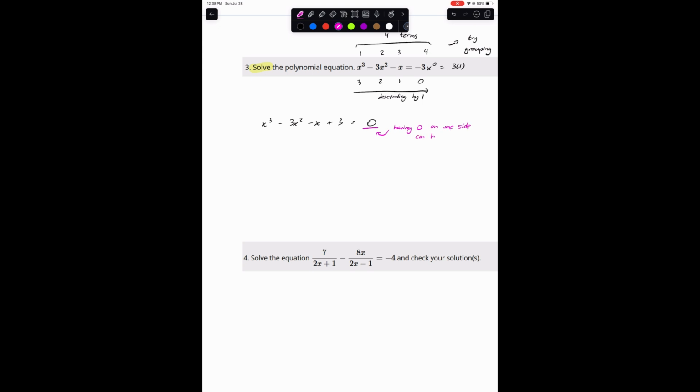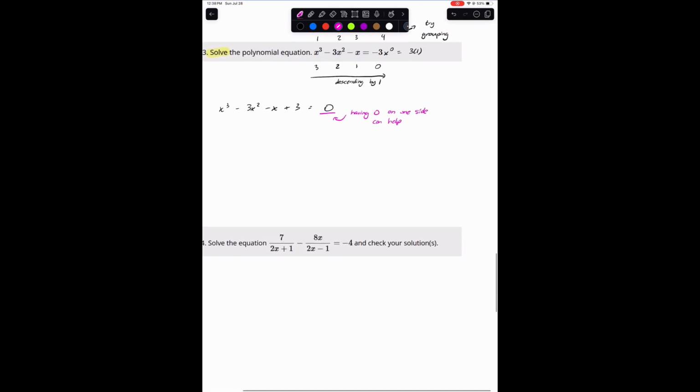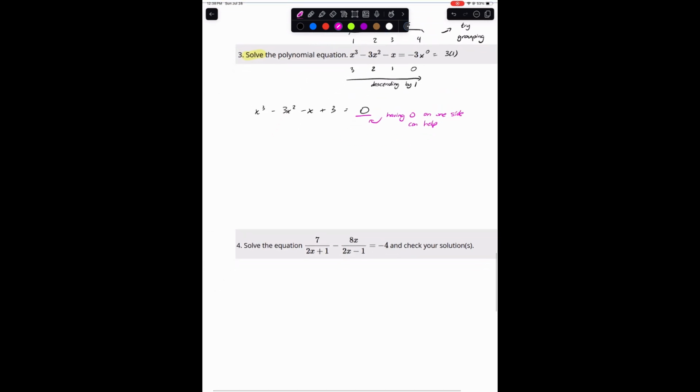Especially when trying grouping, I need to make sure I have 0 on the other side, so I can set each factor to 0. So now, let's look at the left side. Take out an x squared, and we get x minus 3. If I take out a negative 1, I get x minus 3. Okay. Common factor, take it out.